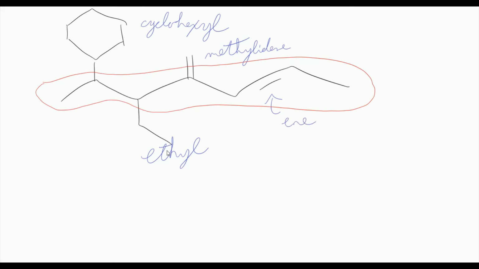So no need to forget about that. Now, when it comes to alphabetizing, you do count the cyclo. That's part of the name of the side chain, so it's going to start with C. And that makes the cyclohexyl the first one to show up in our numbering.